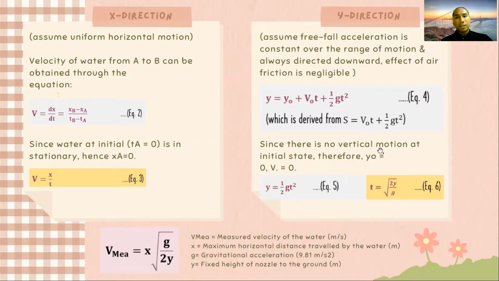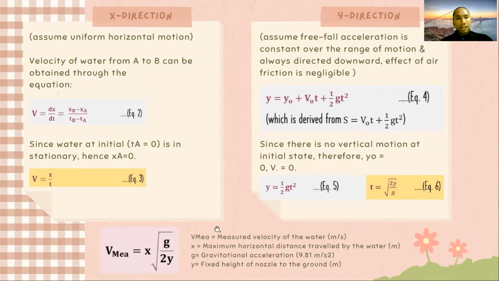Since there is no vertical motion at the initial state, y naught equal to 0 and v naught equal to 0. So we conclude y equal to 1 over 2 times g times t squared. So we have the x direction equation and the y direction equation.